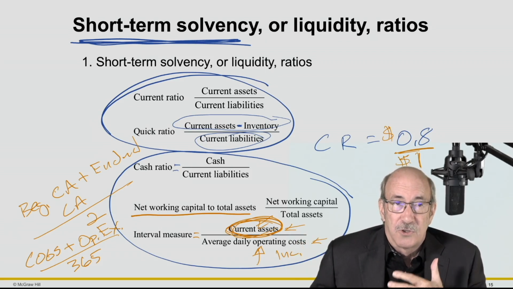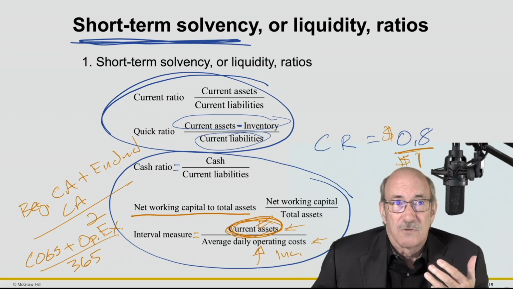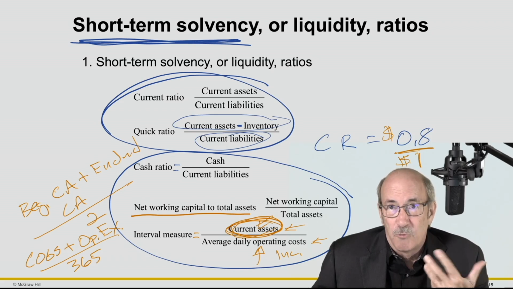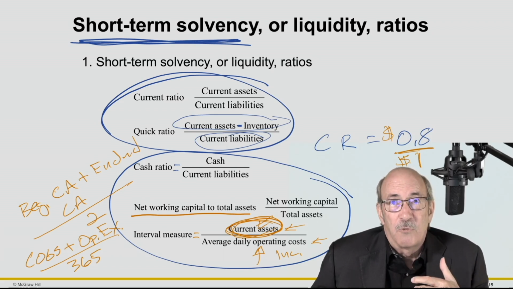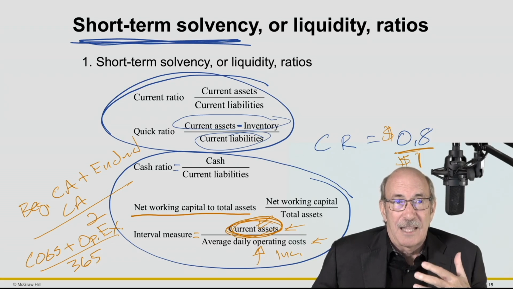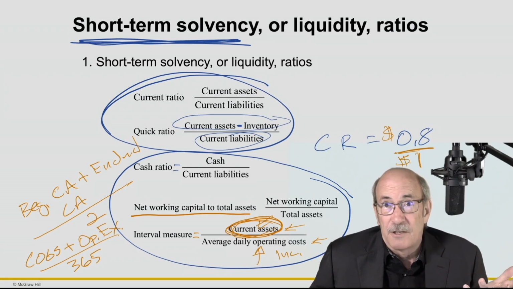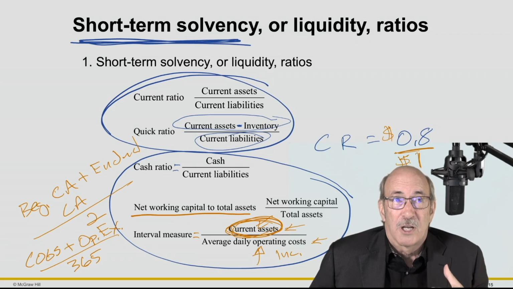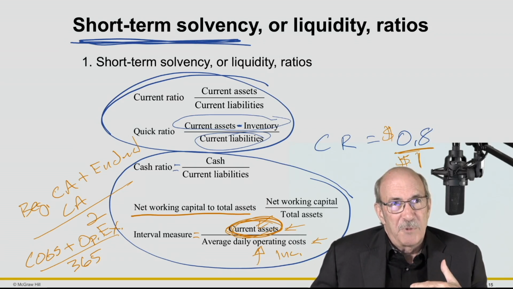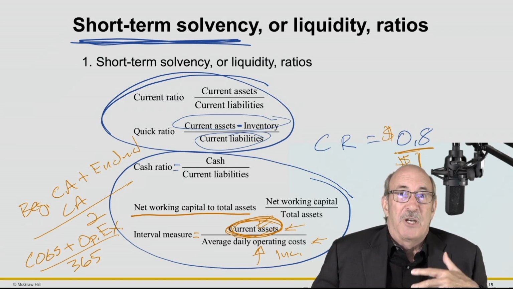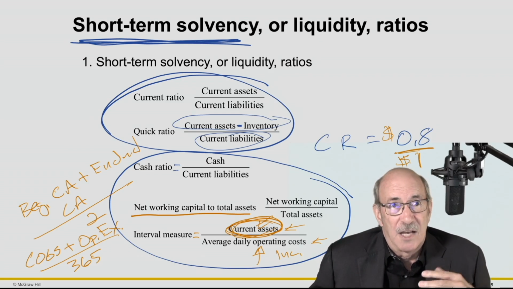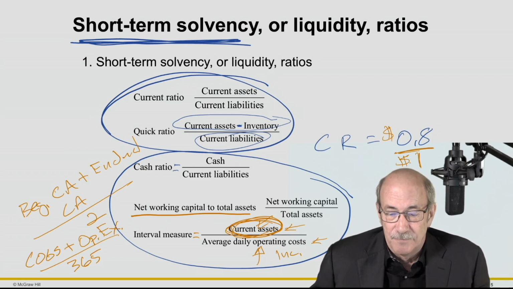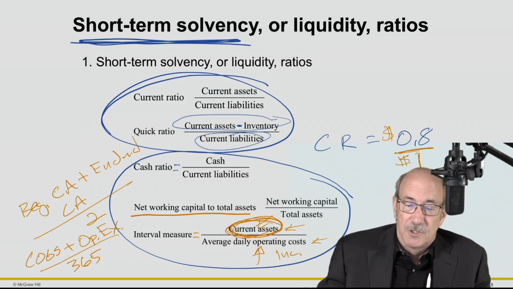We don't want too much in the way of accounts receivable, obviously, either. We certainly want to collect those, so we don't want that to get too big. We also, in terms of inventory, want to keep our inventory levels low. So while from a solvency standpoint, more days is better, from an efficiency standpoint, that's not a given. So be careful with that particular ratio.